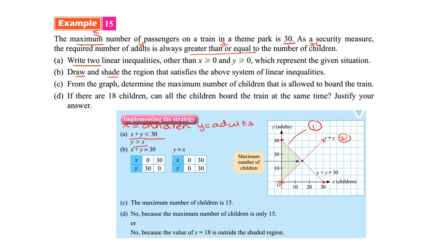And the third one is x equals 0, which is the y-axis. And the fourth one is y equals 0, which is the x-axis. Now use letters to mark the regions.